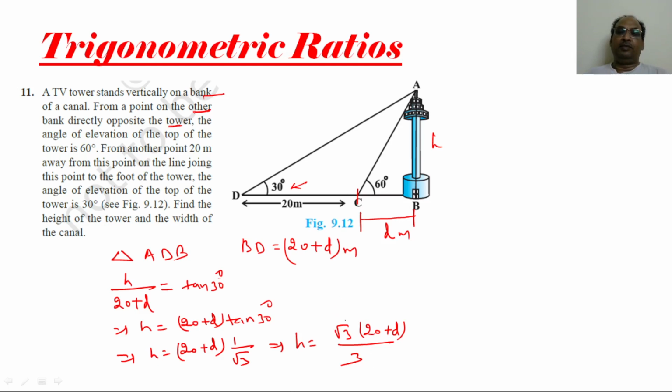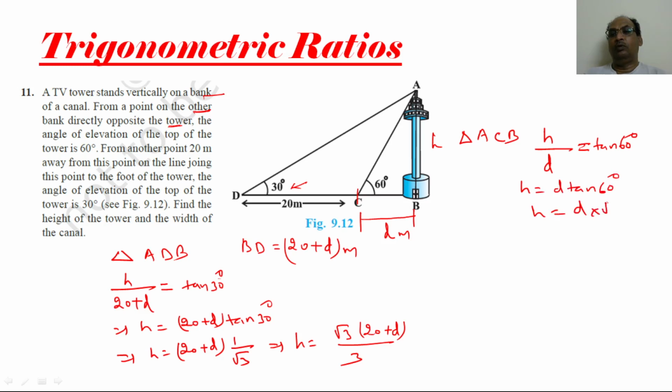So this is H. Now again in another triangle ACB, H by D is equal to tan 60 degree. So H is equal to D tan 60 degree, or H is equal to D into root 3. Now this H and this H both are same, so it is 1 and it is 2.